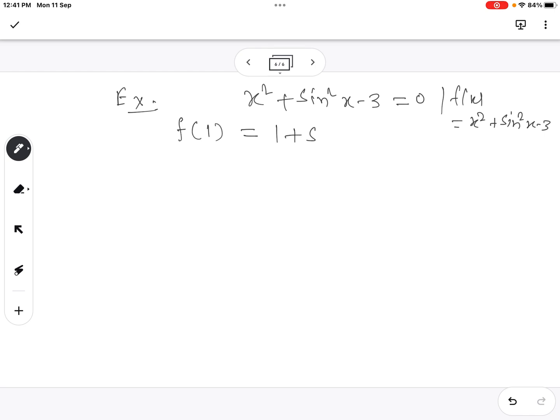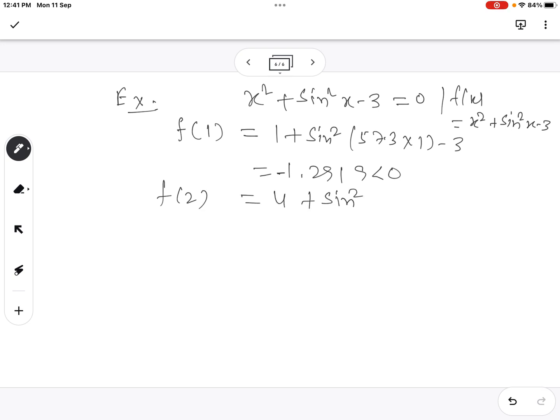That will be 1 plus sine square of 57.3 into 1 minus 3, that is minus 1.2919, which is less than 0, and at x equal to 2 it is 4 plus sine square of 57.3 into 2 minus 3, equal to 1.8267, which is greater than 0. In other words, it is positive. So the root lies between 1 and 2.